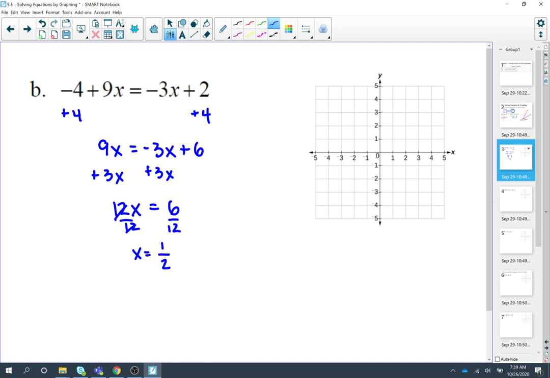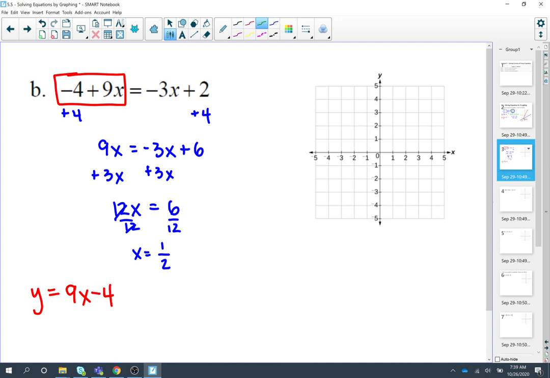which is 1/2. But for the sake of what we're doing here, what would that look like if we tried it graphically? So we take the left side of our equation. So really what we're looking at here is y equals, and I'm going to rewrite a little bit, 9x, and then I'm going to put my minus 4 because it's a negative.